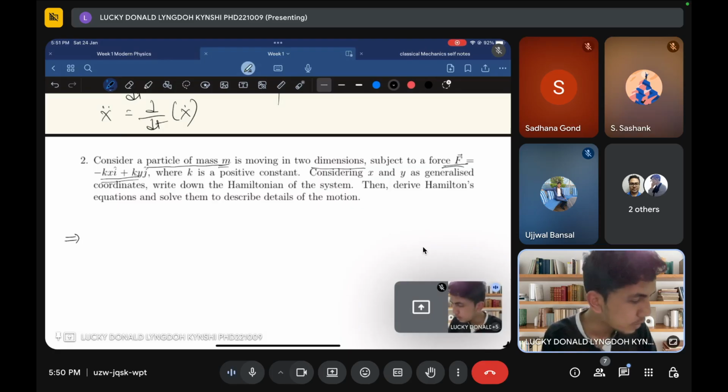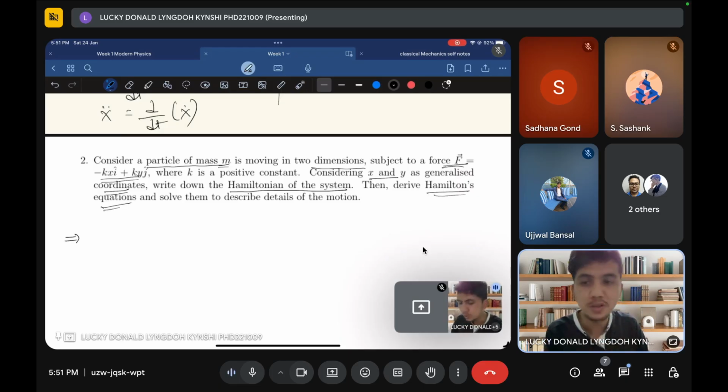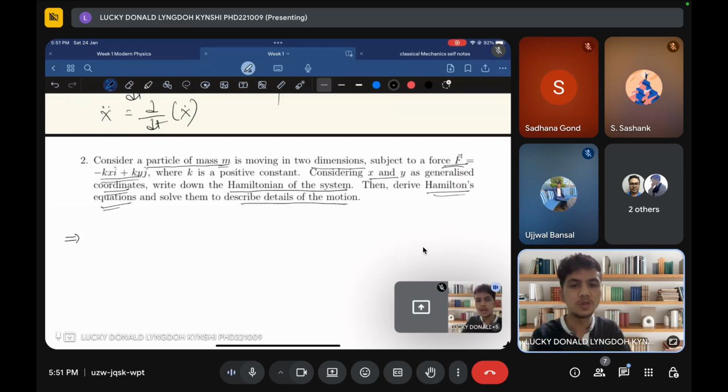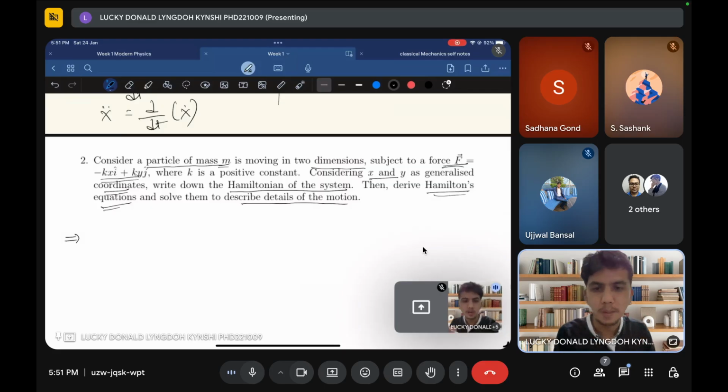Considering x and y as generalized coordinates, write down the Hamiltonian of the system. That is the first question. Then derive Hamilton's equations, which I have just given you, and solve them to describe the details of the motion. Exactly what I have given you just now: we have to write the Hamiltonian of the system, then write Hamilton's equations, then finally we solve them.